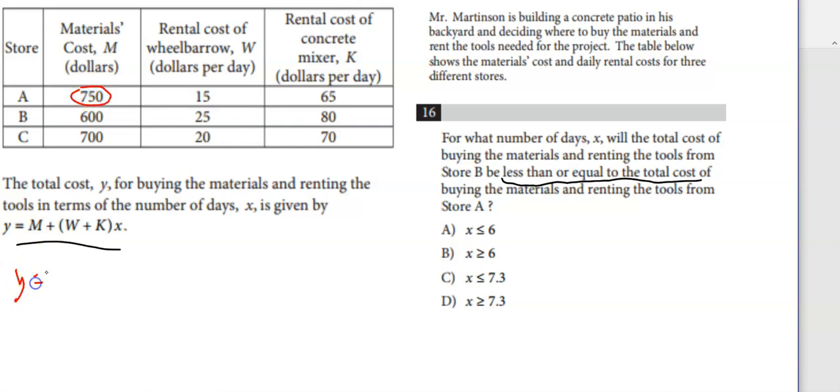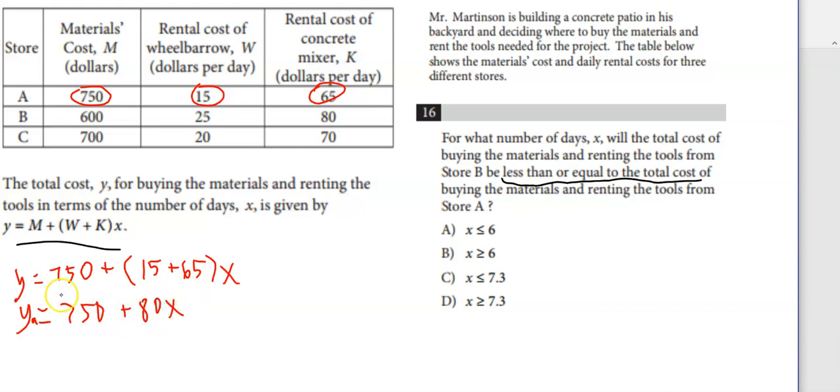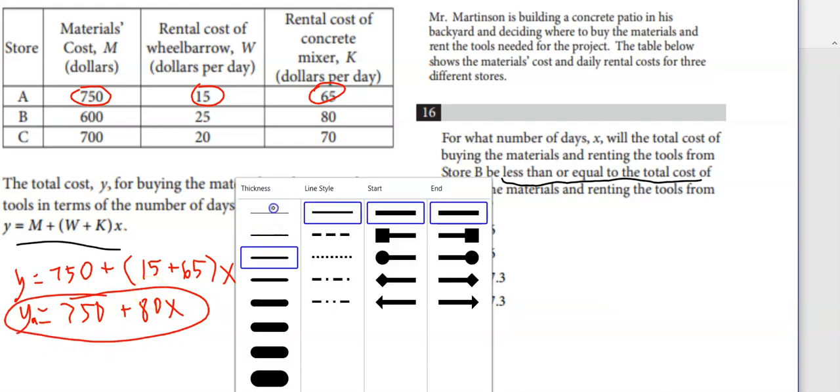So Y equals 750 plus W plus K, 15 plus 65, times X. So this equation for A, just put Y sub A, just so I know it's A, is 750 plus 80X. Okay, that's one of my equations. Okay, let's do the other one.